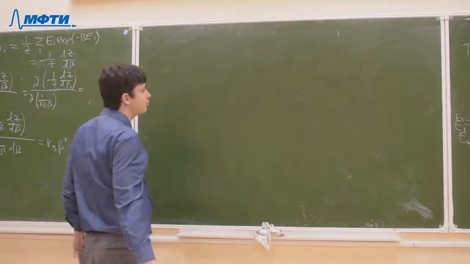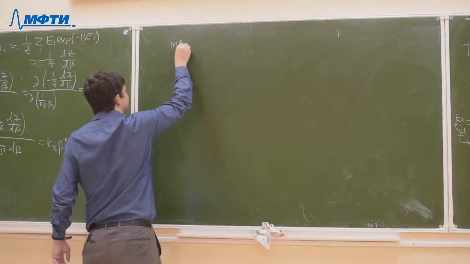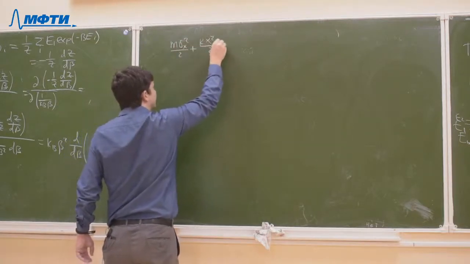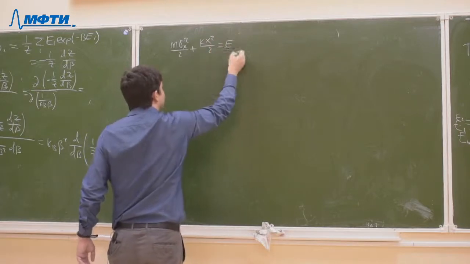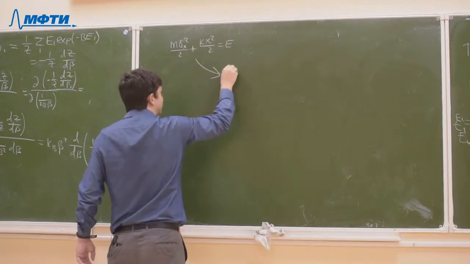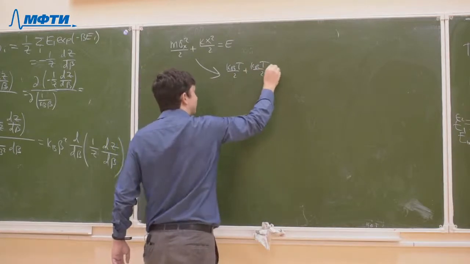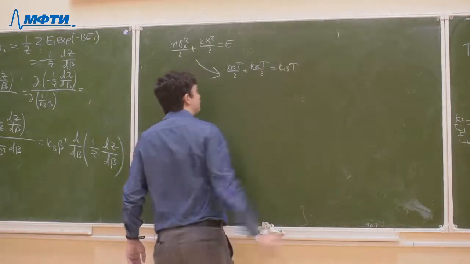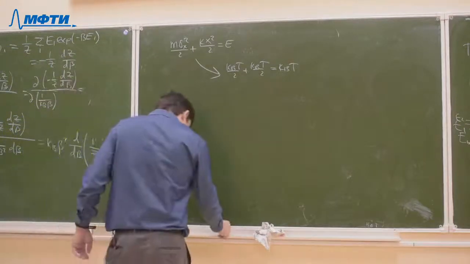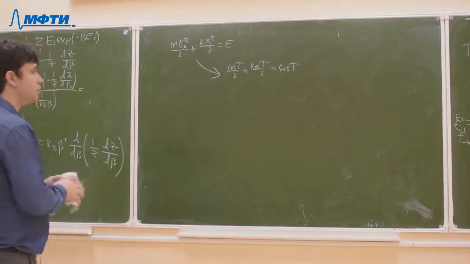By the equipartition theorem, an oscillatory degree of freedom, which contains the following term in energy, should give me this amount of energy per one oscillator. Let's check whether it is correct using the statistical physics approach.